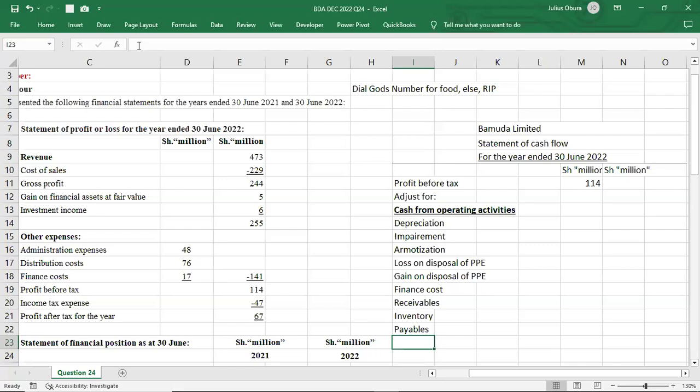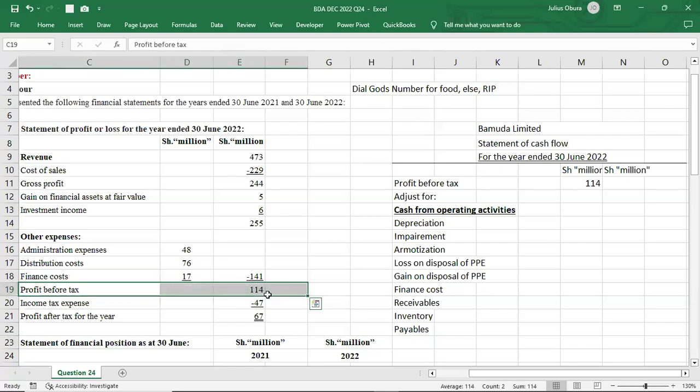So when we are done with this, we shall have finished what cash flow from operating activities entail. The only thing that we need to add here is once you are done with this, you go to your income statement. Then check on the section for profit before tax. Here, profit before tax, we will draw our line here. Then we check up above if there is anything that is here and we have not included here, we'll add it.